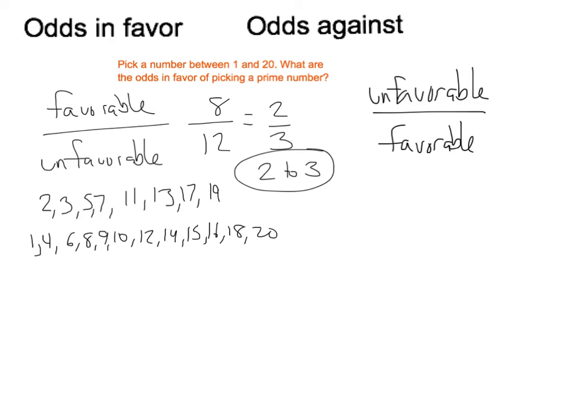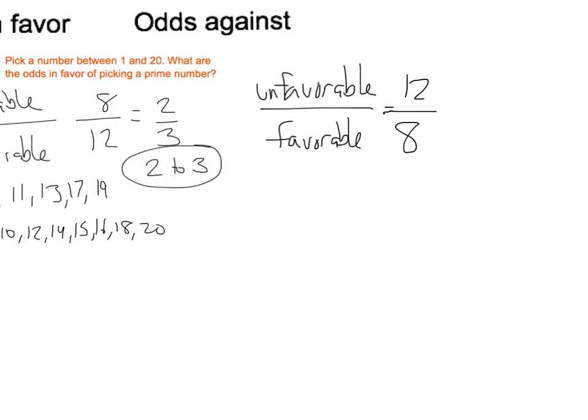Okay, so unfavorable would be picking something that isn't what I'm looking for, so not prime. Now there are 12 not prime numbers between 1 and 20, and there are 8 that are favorable or prime. So the odds against, we would simplify that down as well, would be 3 over 2, but again we read that 3 to 2 against.